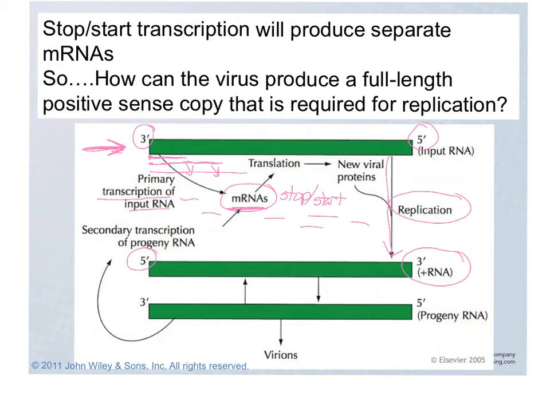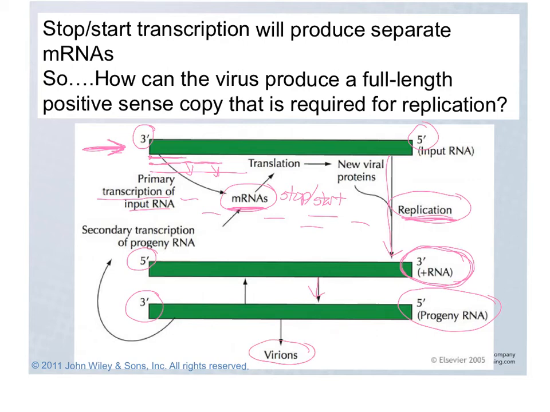What we're going to see with these viruses is that we have to somehow stop transcription and instead turn our attention to the process of replication, where we can produce a full-length positive sense antigenome that can then be used as a template to produce the full-length -sense genome that can be copied into virions.